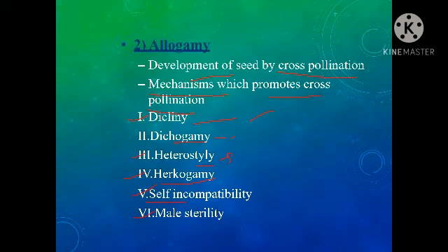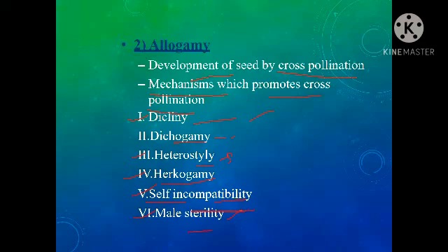Coming to male sterility, it refers to the absence of functional pollen grains in otherwise hermaphrodite flowers. Male sterility is not common in natural populations, but it is of two types: genetic and cytoplasmic. Cytoplasmic male sterility is termed cytoplasmic genetic when the restorer genes are known.